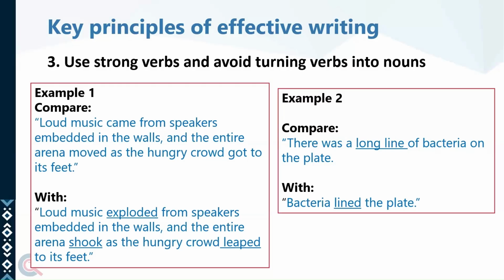But you discover that if we rewrite it and stop using line as a noun, bringing it back to its initial state as a verb, we have shortened the sentence to: bacteria lined the plate. As simple as that. So avoid turning verbs into nouns and use strong verbs in your writing.